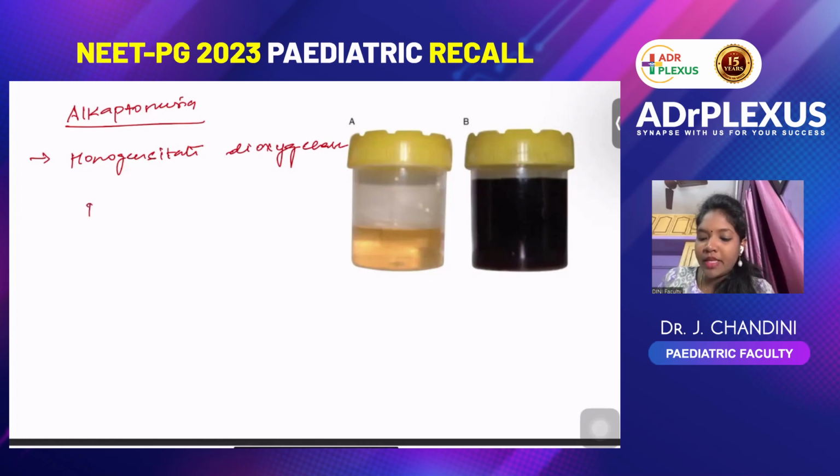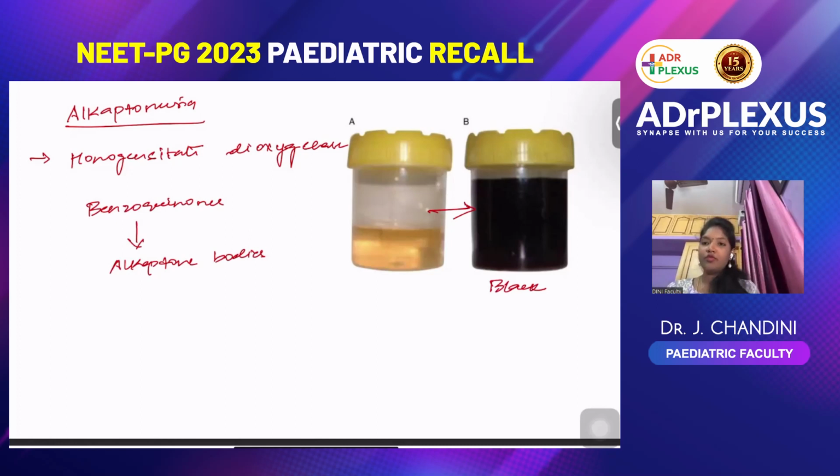Some benzoquinones are excreted in the urine, which on exposure, can you see here? Initially, when the child is passing, the urine will be clear, but on exposure to air, it gets converted to some alkaptone bodies, and it gives this characteristic black color urine. So darkening of urine on standing or black color urine is a characteristic feature of alkaptonuria.